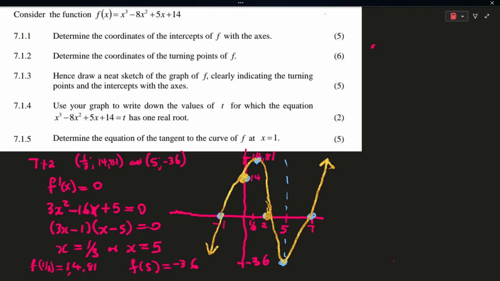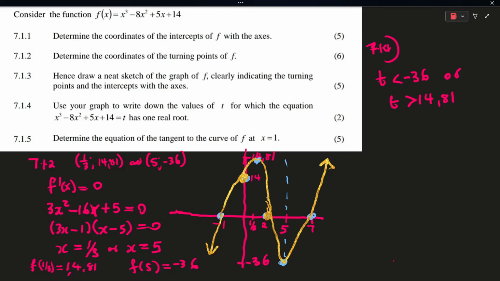So in 7.1.4, when we talk about one real root, t should be less than minus 36, or t should be greater than 14.81. That is how you do it.